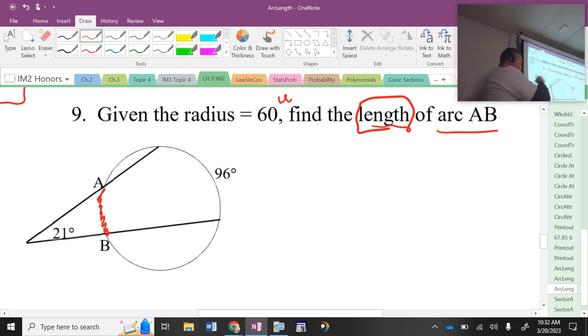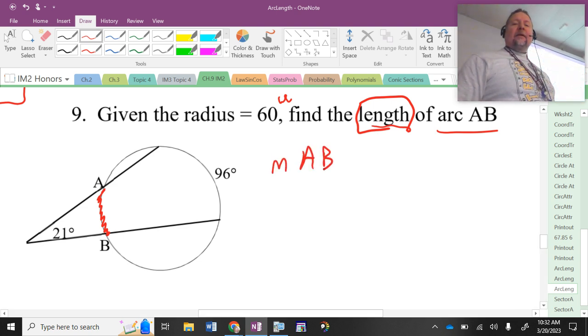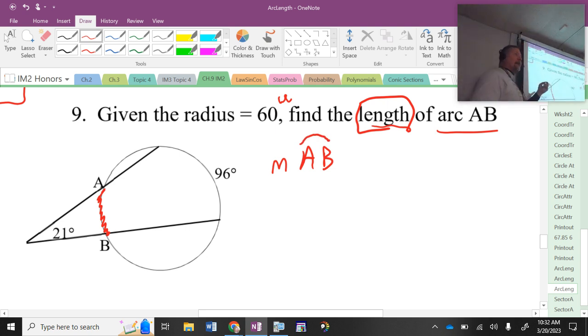All right. Well, with the information given, the measure of arc AB, and again, giving you symbolism as well. If I actually just had that listed, you would need to know that that's what that means. The measure of the arc, which means it's in degrees. I'm going to put a colon there because I got to create an equation for this.